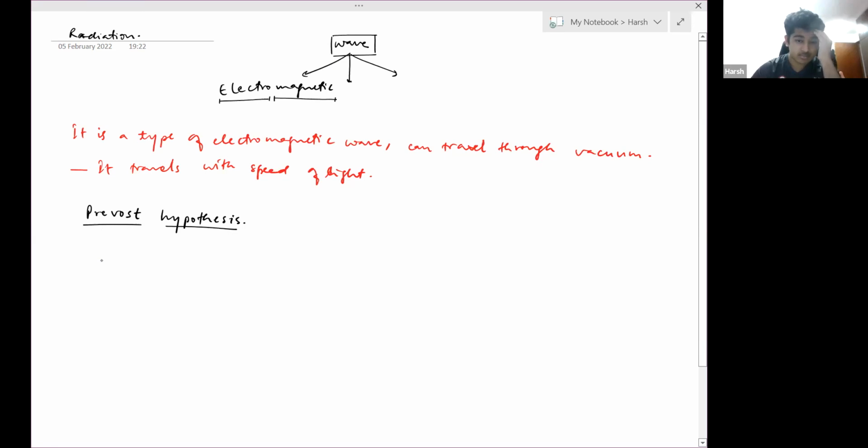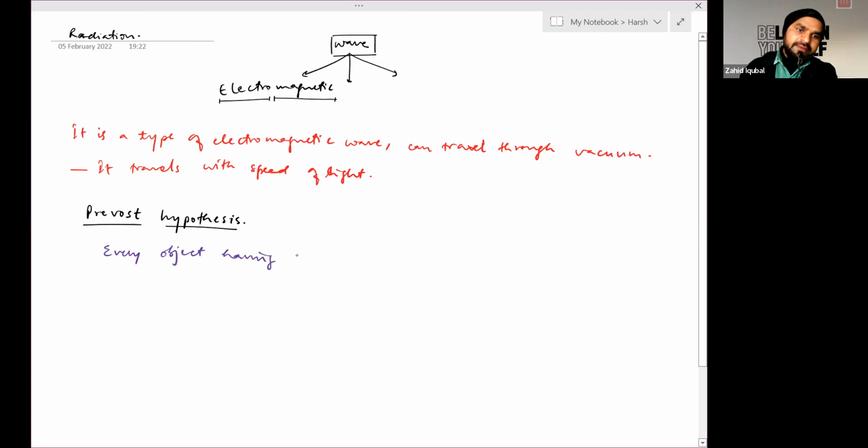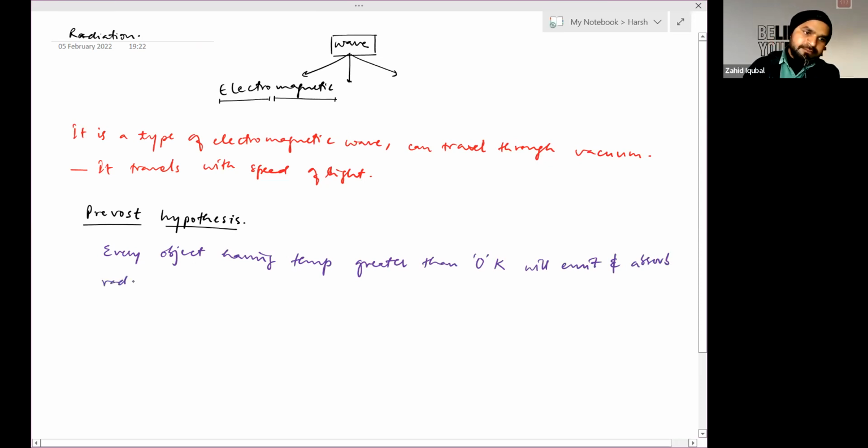So Prevost's hypothesis says every object having temperature greater than 0 Kelvin will emit and absorb radiation at all times.